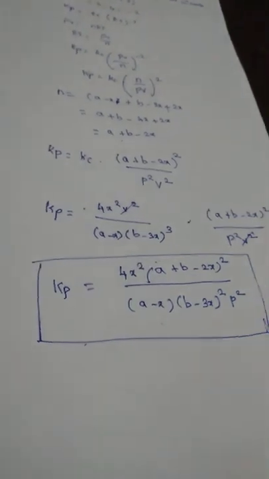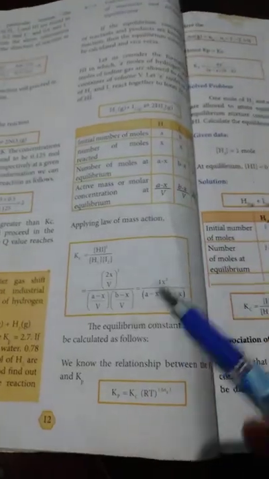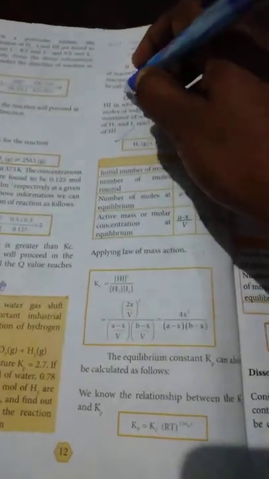Understand this? Any doubt? Okay, see, now take page number 12. Page number 12, note the question. This is one of the important 5-mark questions: derivation of Kp and Kc values of formation of hydrogen iodide. Note the answer from this to page number 12.